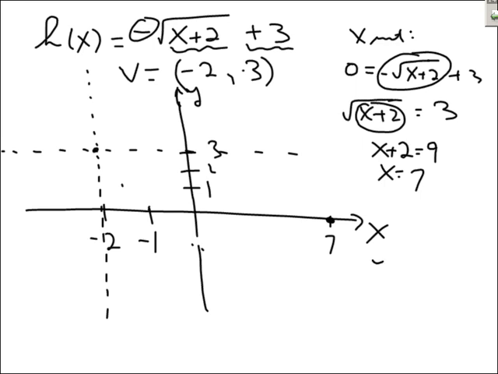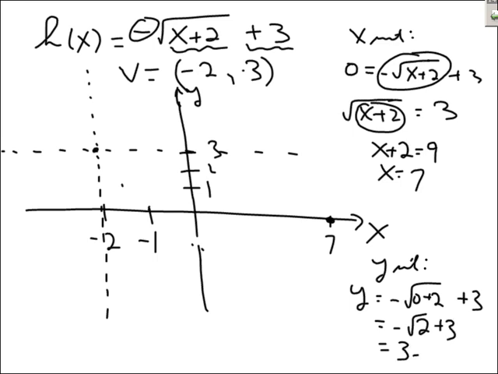Now we go for the y-intercept. That's when x is 0. y is negative the square root of 0 plus 2, and then add 3. 0 plus 2 is 2. So it's negative square root of 2 plus 3, or it's 3 minus the square root of 2. Now, the square root of 2 is in between 1 and 2.